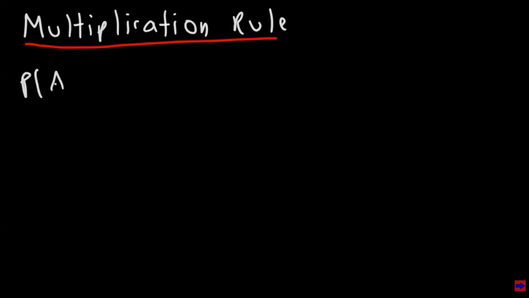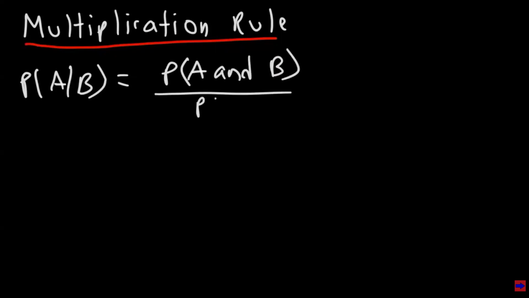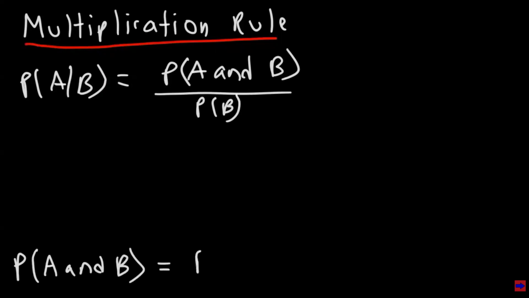The probability of A given B is the probability of getting A and B divided by the probability of getting B. If we multiply both sides by P of B, we get this equation: the probability of getting A and B is the probability of A given B times the probability of event B occurring.